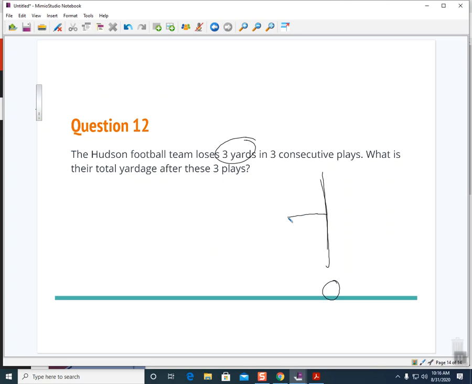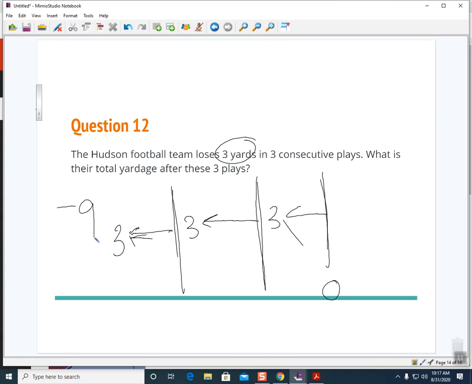The first play, they lose 3 yards. Now they start here. Second play, they lose another 3 yards. Now they start here. Third play, they lose another 3 yards. After these 3 plays, how many total yards have they lost? They've lost negative 9. They're at negative 9 yards from where they started.